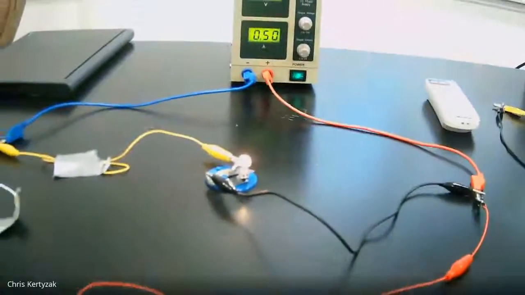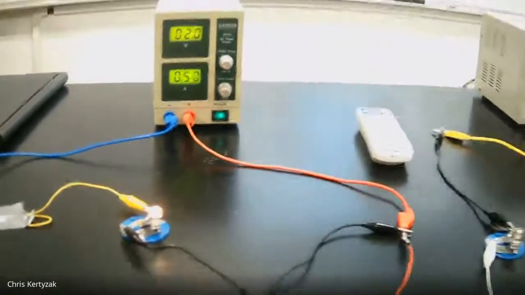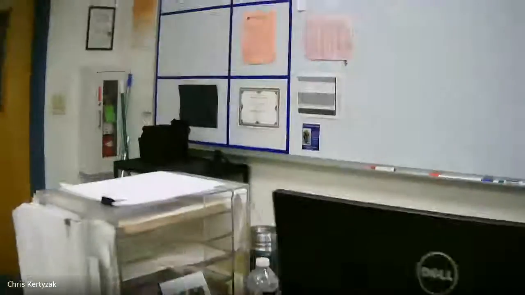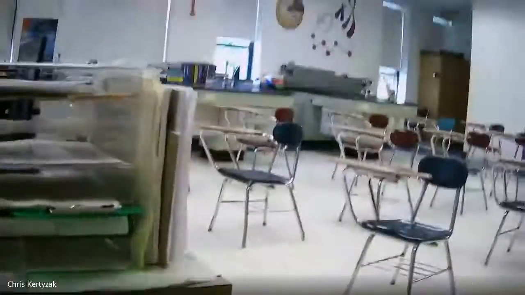So the numerical value convinces me, and we can see that the bulb, since we remember that the brightness of a bulb is affected by how much current flows through that bulb. Just shutting the lights off. So when you increase the current that flows through a bulb, make it flow through the bulb more quickly, more amps, the bulb gets brighter.